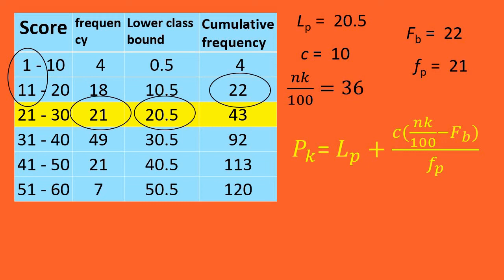Substituting all these values into our given formula, P sub 30 is equal to 20.5 plus 10 times the difference of 36 and 22 over 21. Using our calculator to find P sub 30, this is equal to 27.17.